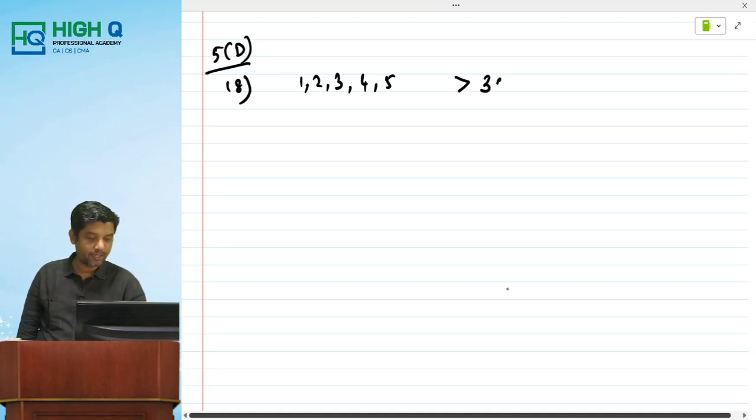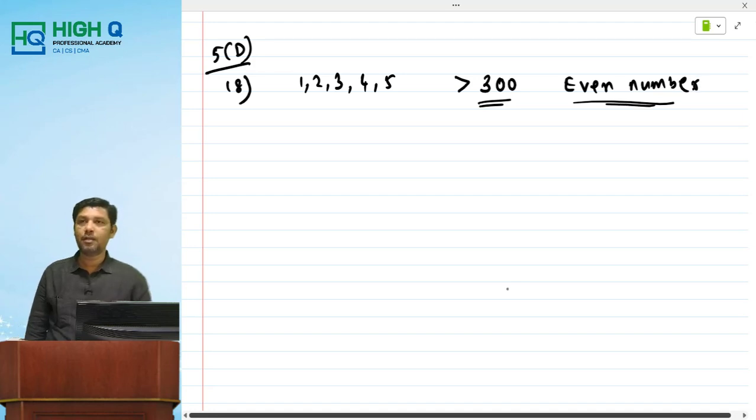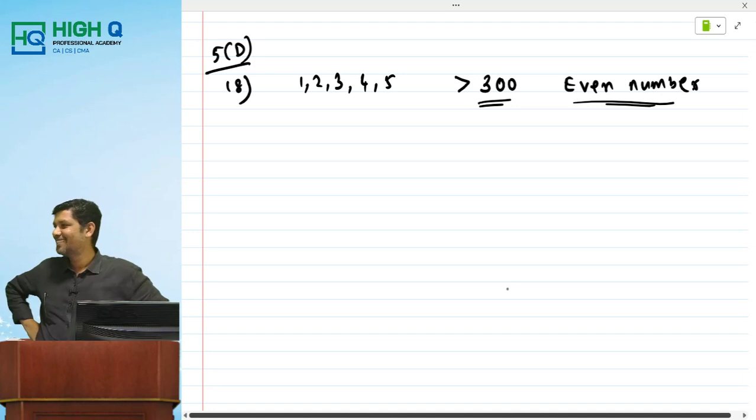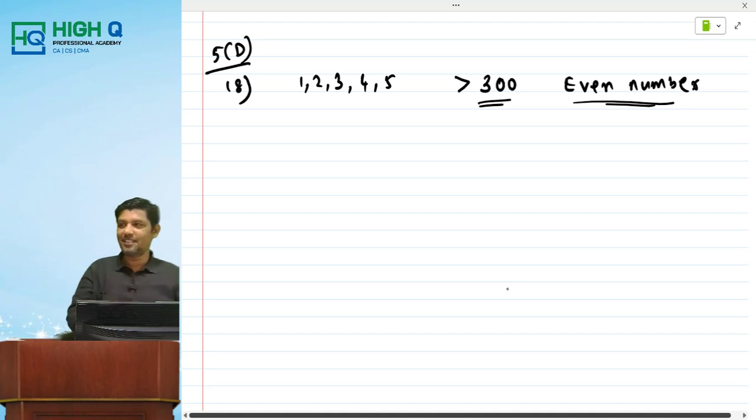More than 300. Also, more than 300 as well as what? Even number. A first digit condition is there, and a last digit condition is also there.